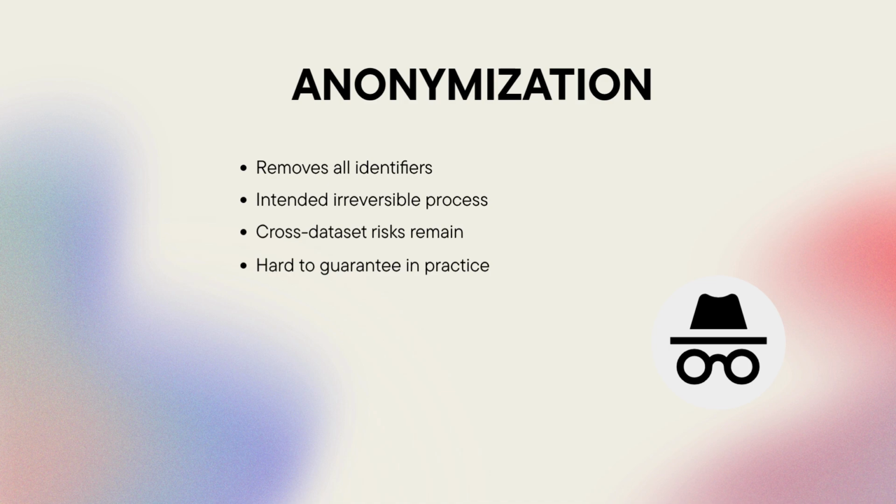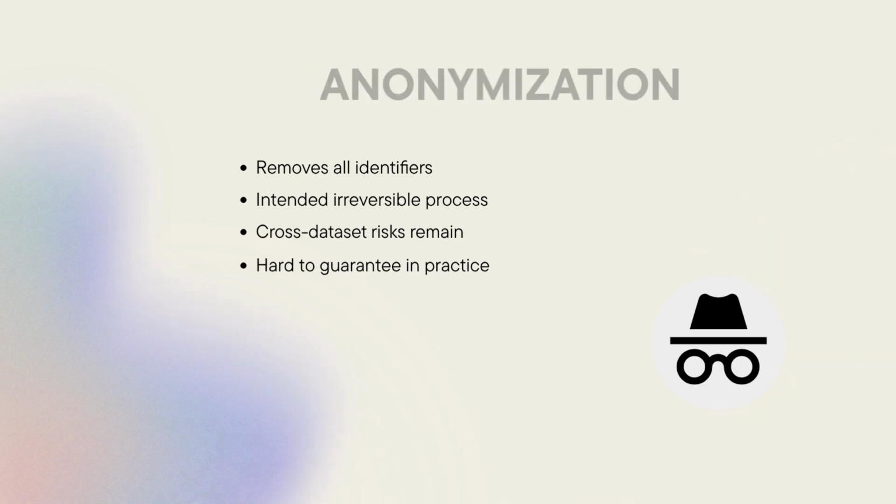This case illustrates how combining datasets can defeat anonymity. While anonymization lowers risk, it's not a free pass. Organizations must still consider the possibility of re-identification, especially when large amounts of public data are available for comparison.